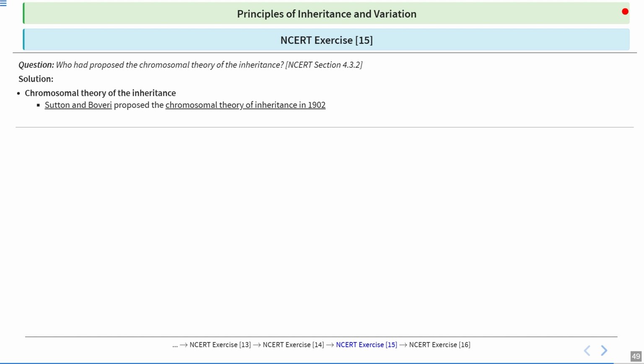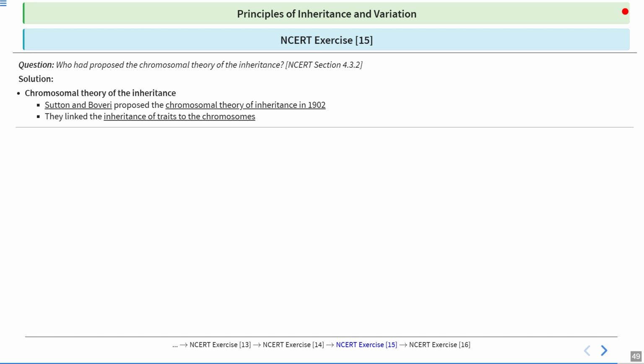Clear? Now, they linked the inheritance of traits to the chromosomes. What did Sutton and Boveri say? They said that the genes are present on the chromosomes, and the genes and the chromosomes both behave in the same manner. What does this mean?